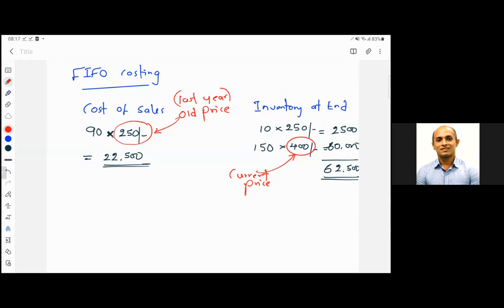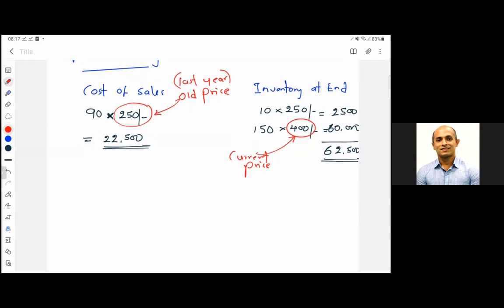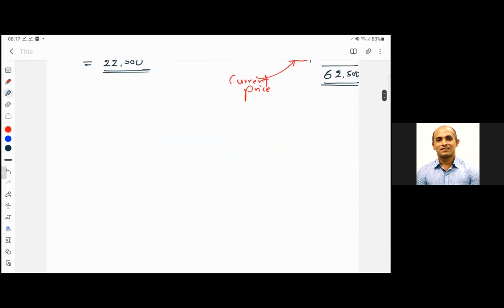Now let's see the gross profit calculation. Sales: you have sold 90 units at the price of 500. Then sales comes to 45,000.